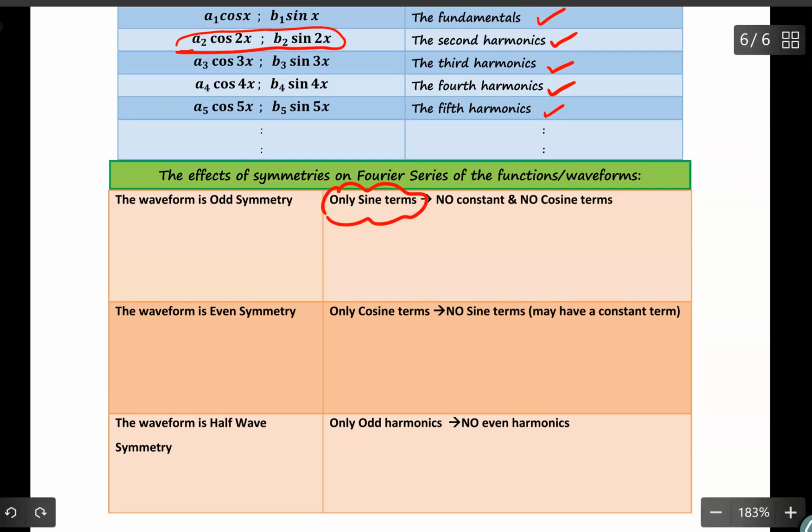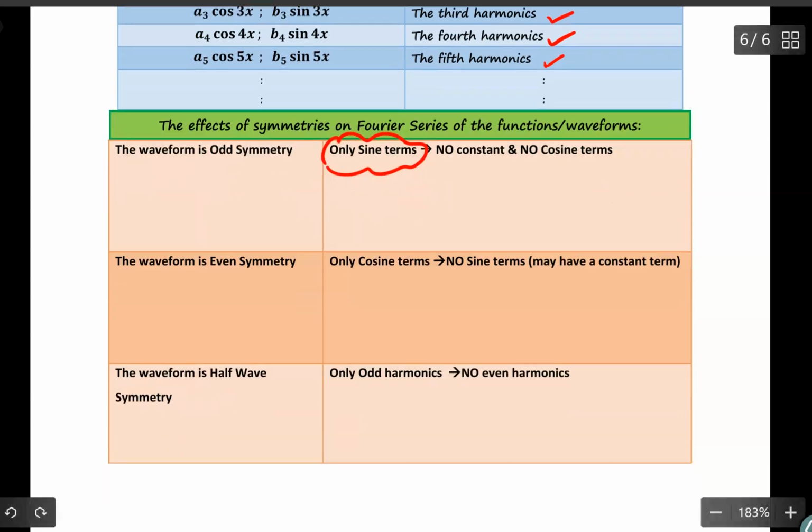So it's easy to remember. If a waveform has odd symmetry, then it only has sine terms. The Fourier series will not have any constant and no cosine term. If the waveform has even symmetry, then you only have the cosine, because cosine is even, and no sine term, and in some cases you may have the constant term.